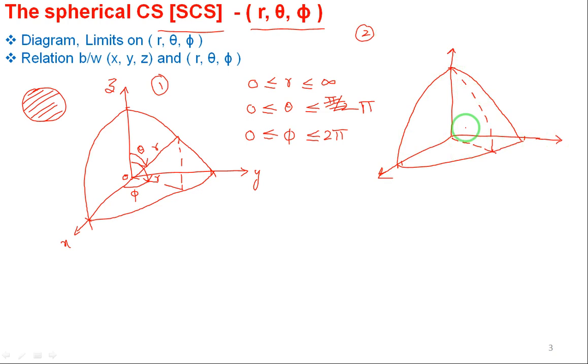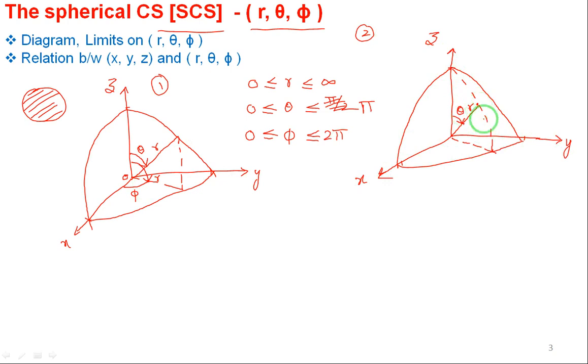Here once again I have to identify three planes. Just like in the Cartesian coordinate system I had the xy plane, yz plane and zx plane, here also there are totally three planes. We'll try to identify which are those three planes. Okay, this is the x axis, y axis and z axis. I will look at the point R here. This distance is R and it is making angle theta with respect to the z axis.